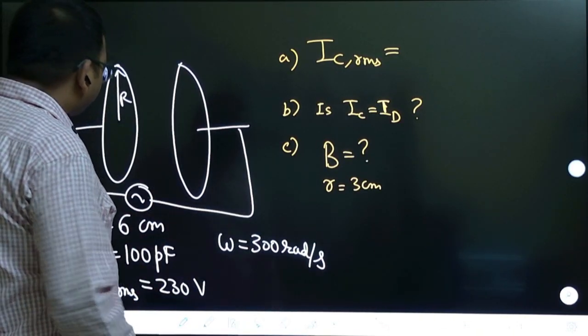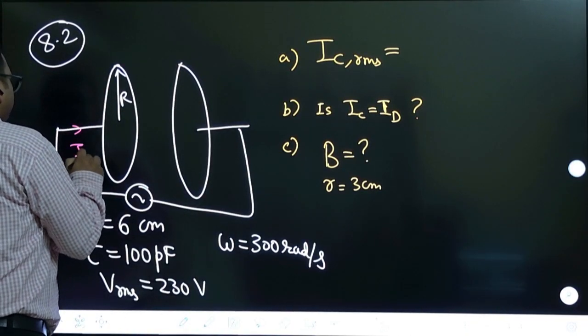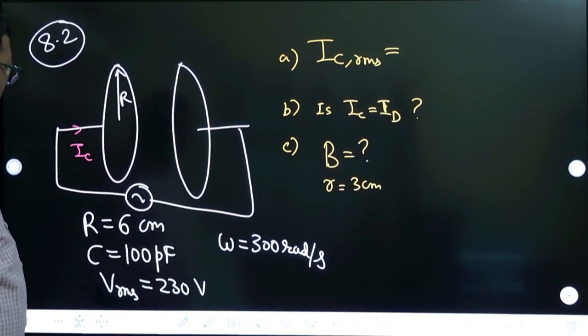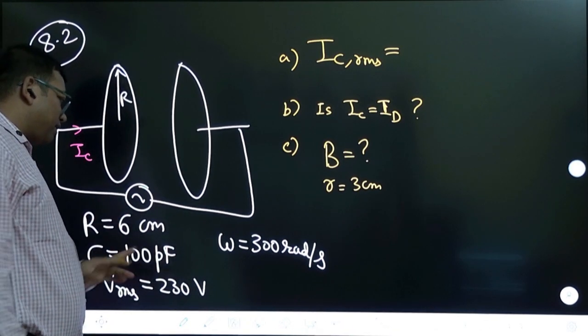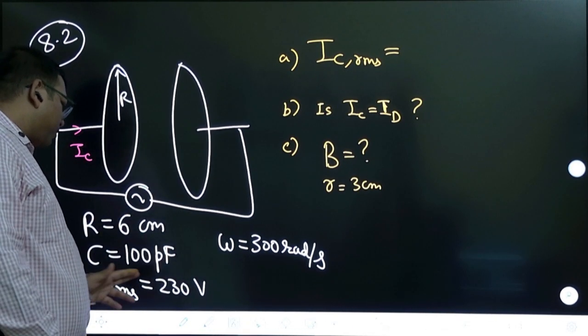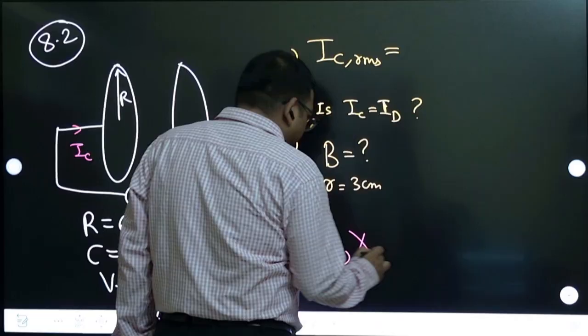So we have to calculate the RMS value of conduction current, the current in the wire. How do you calculate it? They have given an AC circuit, and we have just studied omega. They have given C. So first of all, we'll calculate XC.